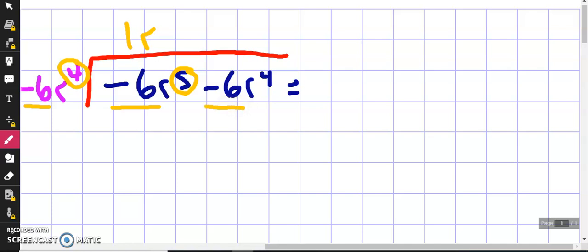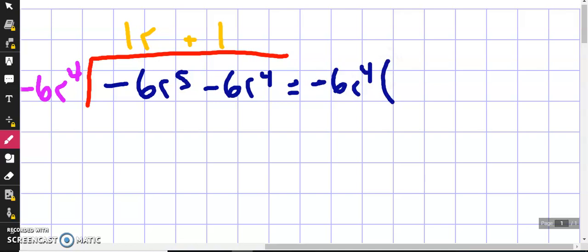I see negative 6 divided by negative 6 again, so that's a plus 1. And since my exponents match, I don't need any more r's. So my factored form is negative 6r to the 4th times r plus 1.